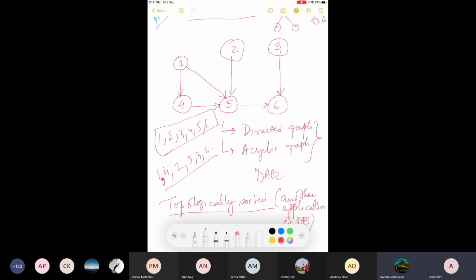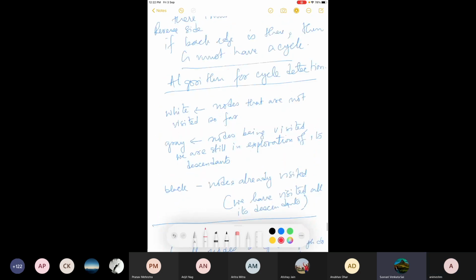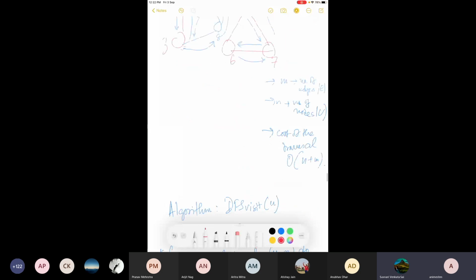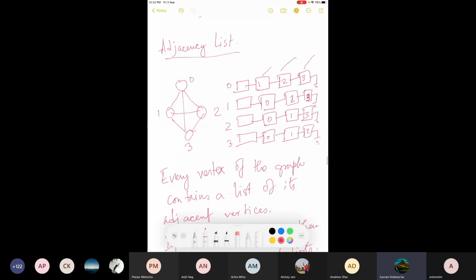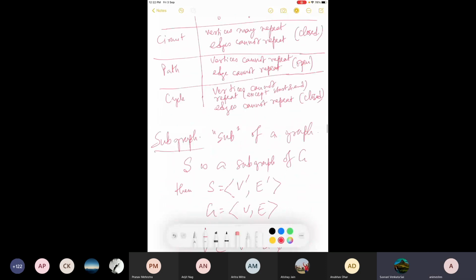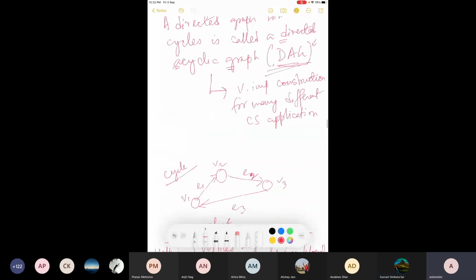Not DFS visit, DFS. If it is not visited, then we go through its outgoing edges. That's what you do. Is 2 visited? No. So then you have to do the visit for 2.